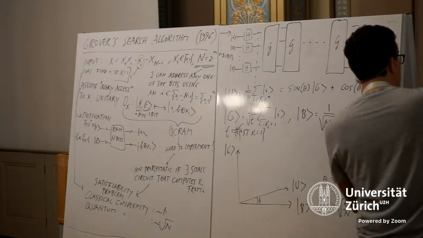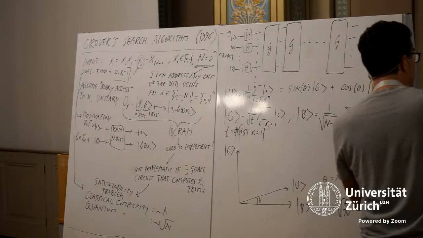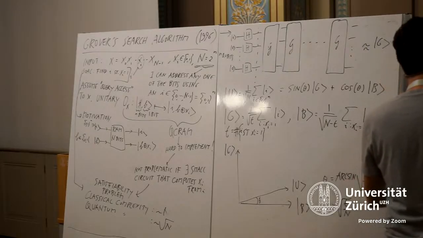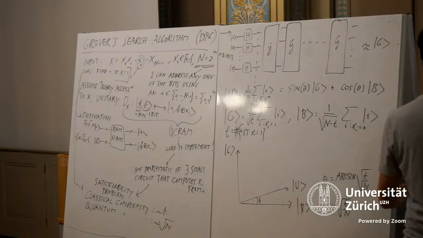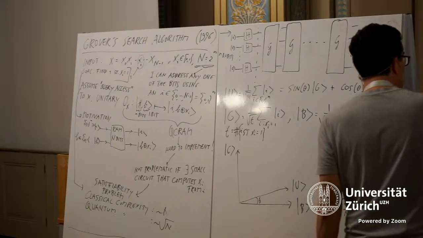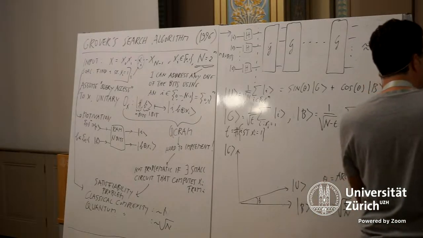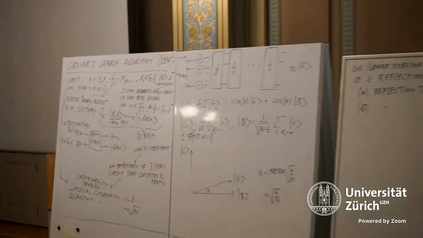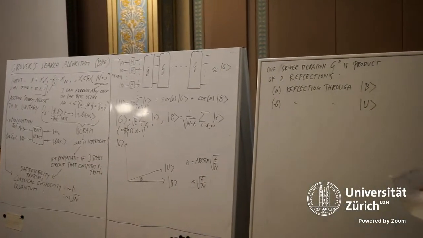The first reflection is a reflection of the state through the horizontal axis, so through the bad state. And I'm going to detail in a second how to do that. The second reflection is a reflection of whatever state we have at that point through the uniform state. So I need to tell you how to algorithmically implement these two reflections. But let's assume for now that we know how to do it. Let's see what effect this has in this picture.